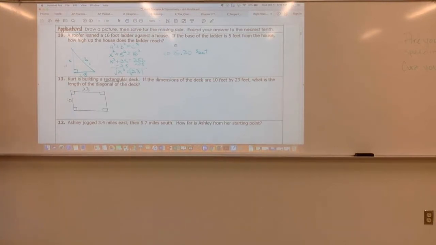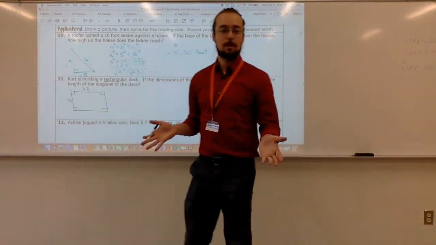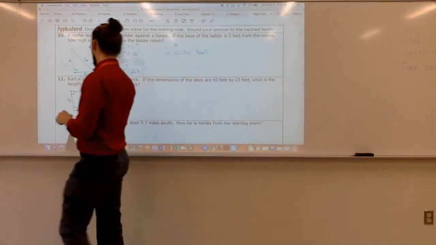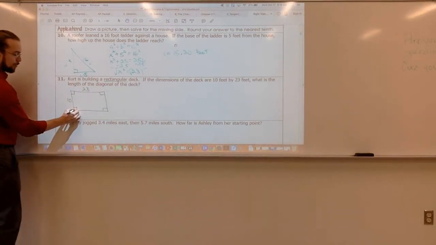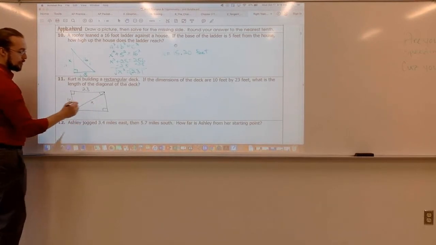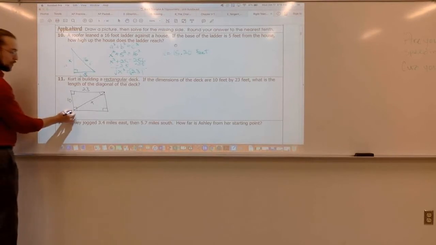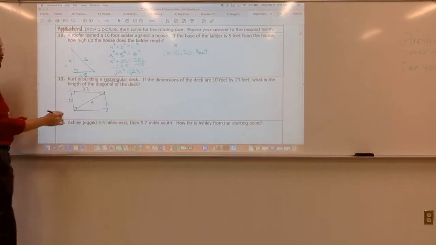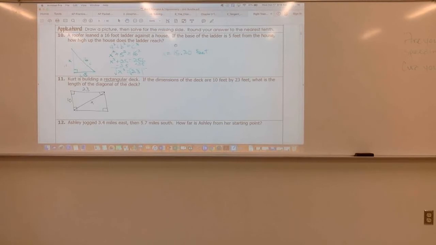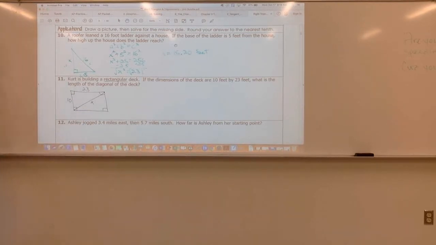Our goal is to figure out the length of a diagonal. What's a diagonal? Slant. So if I were to connect corner to corner here, my goal is to figure out that length. Well, we have just created a right triangle. So go ahead and solve that missing piece there. Find me the length of the diagonal.